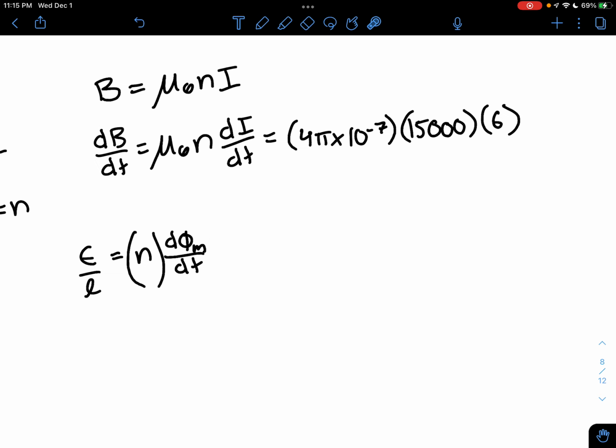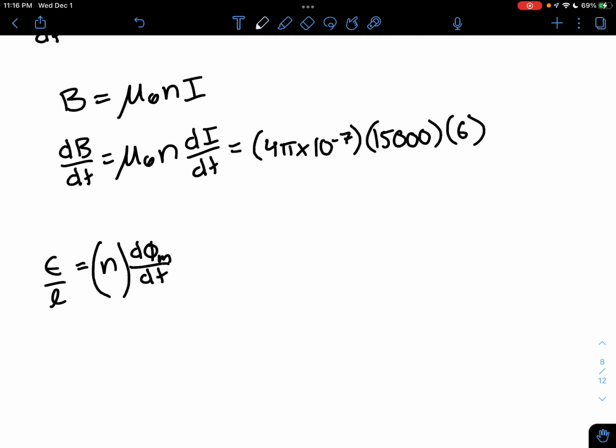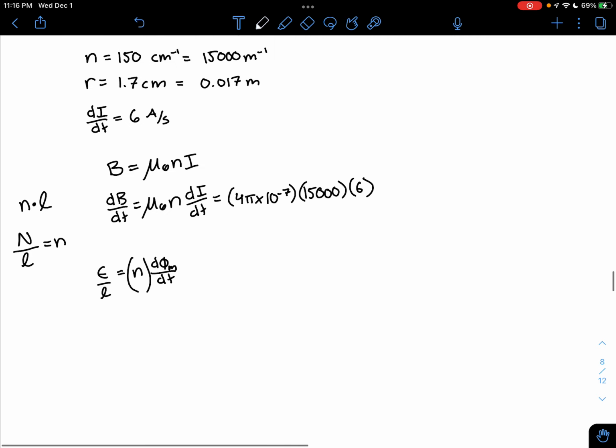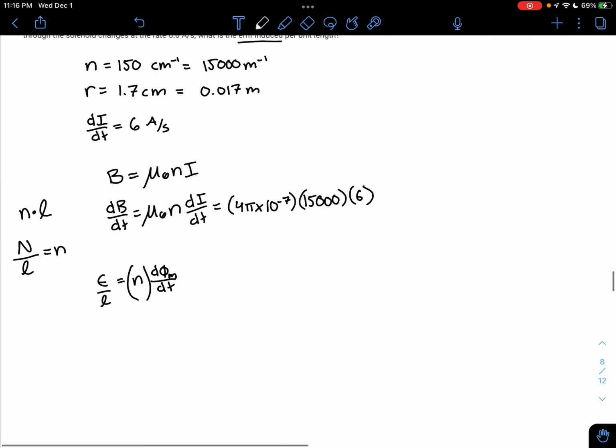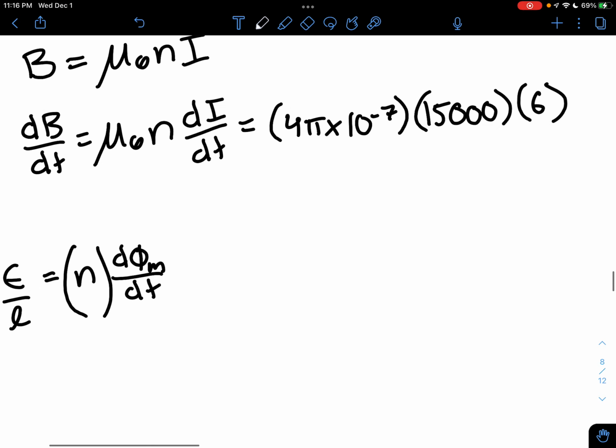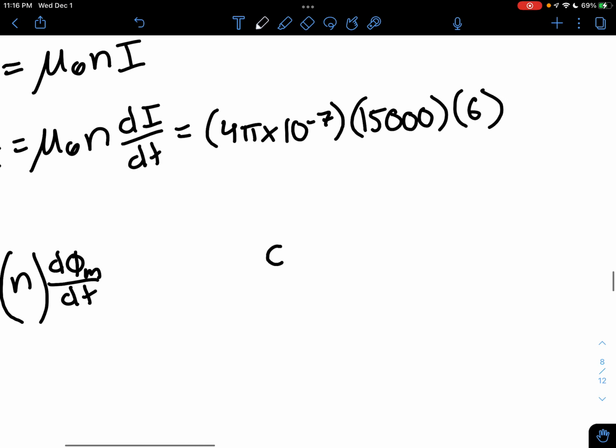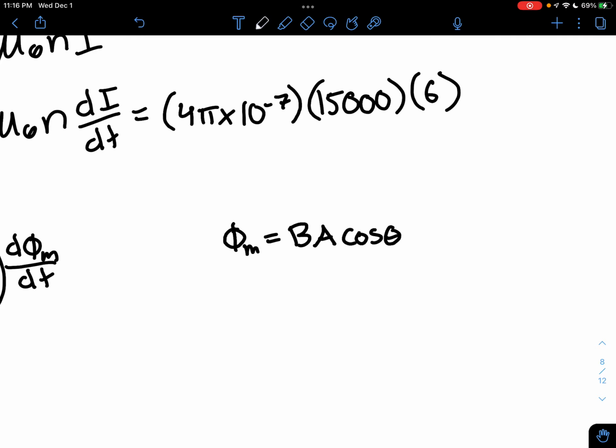Now we just have to get our change in flux with respect to time. Since our magnetic field isn't changing over the area we're looking at, we get to use the equation that magnetic flux is BA cosine theta.